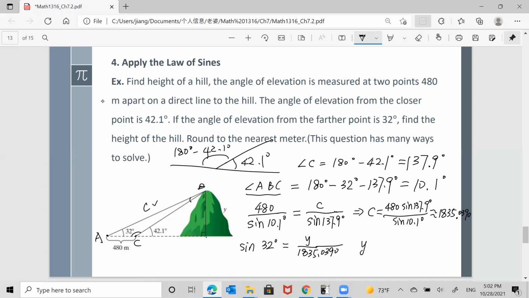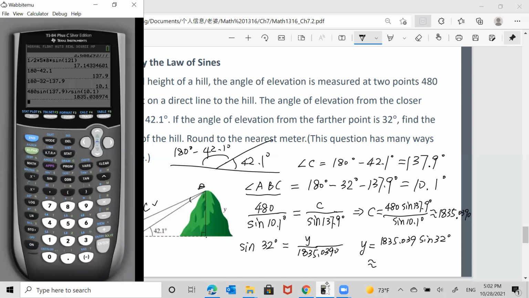So Y equals 1835.0390. I don't need to write the 0, it is nothing here. Sine 32 degrees over 1, so there's no need to have a line here. And then use the calculator to find the value.